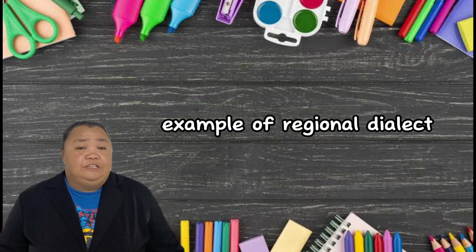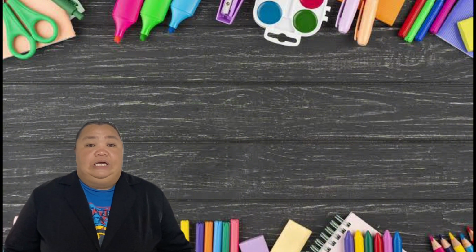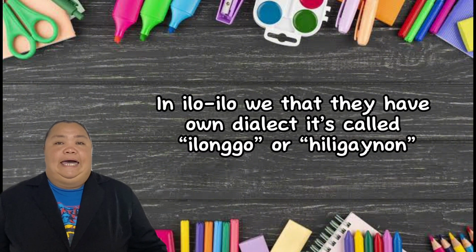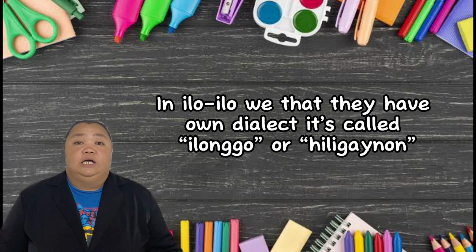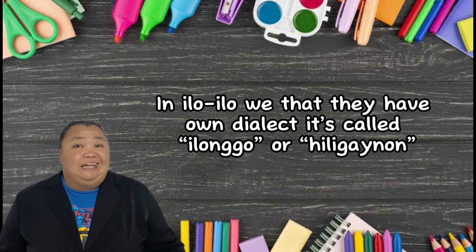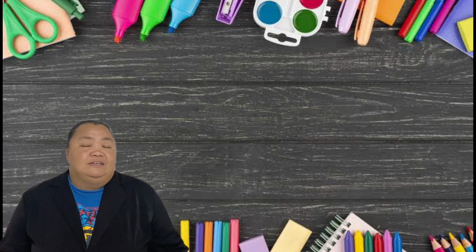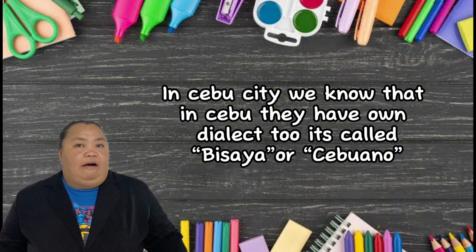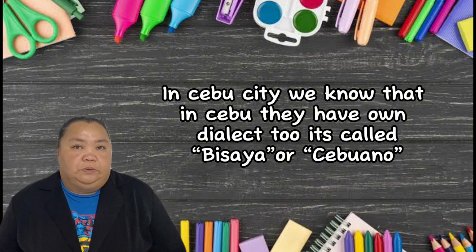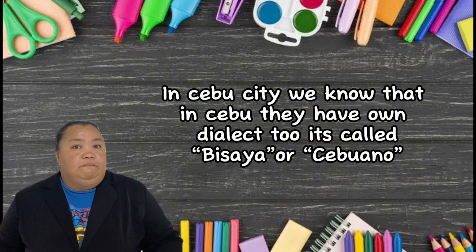For example, in Iloilo, they have their own dialect called Ilonggo or Hiligaynon. Another is in Cebu. In Cebu, they have their own dialect too, also known as Bisaya.